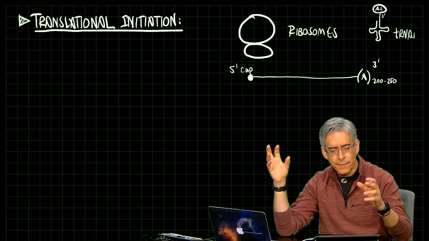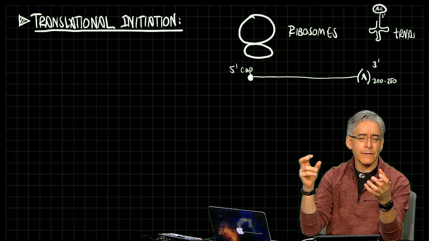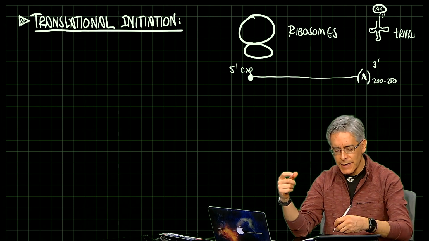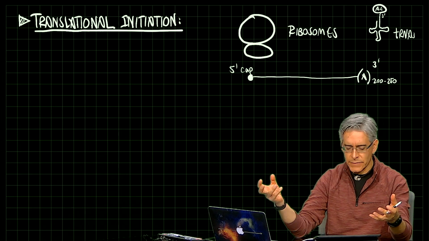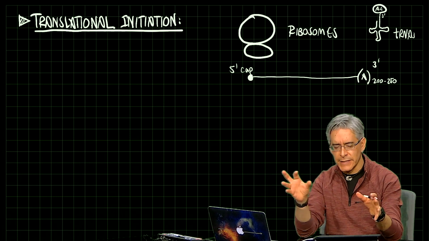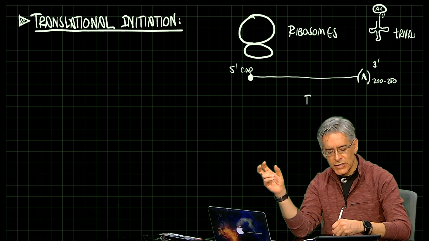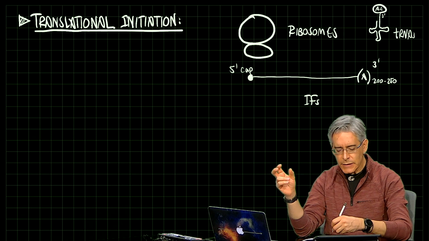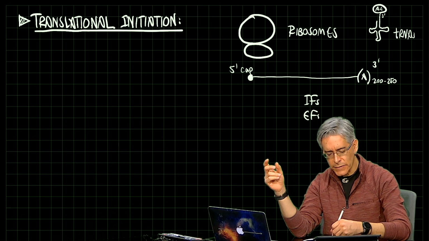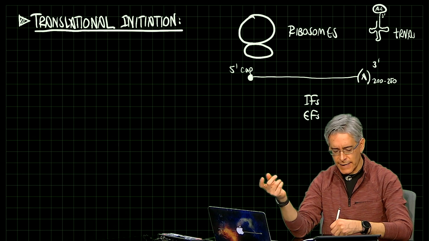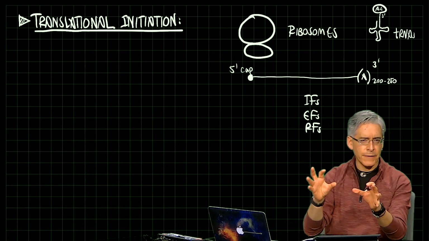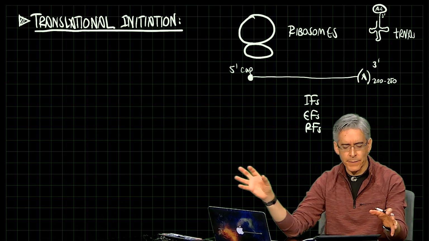And the final set of players that are going to be absolutely essential in the process of translation are the translation factors. So there are different types of translation factors. They are the initiation factors, there are the elongation factors, and then there are the release factors. So three different types of factors that are critical for the process.